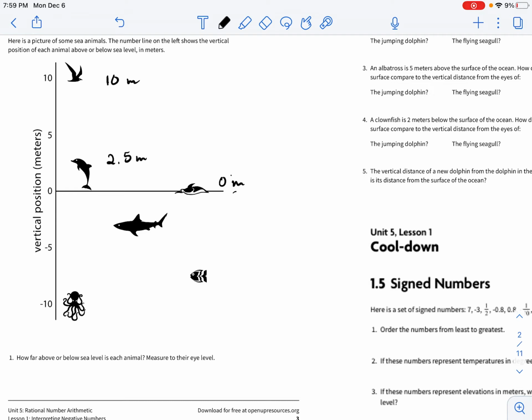The shark, it looks like he's at a negative 2.5. And so now the negative numbers are representing below sea level. And this angelfish, that looks like he's right about negative 7.5, because once again he's below sea level. Then the octopus is at negative 10.